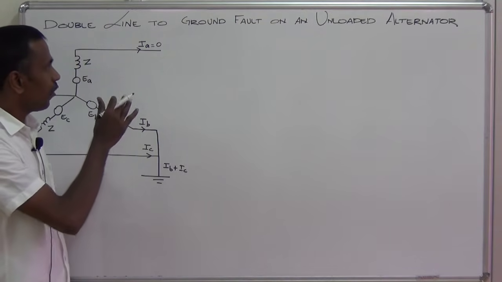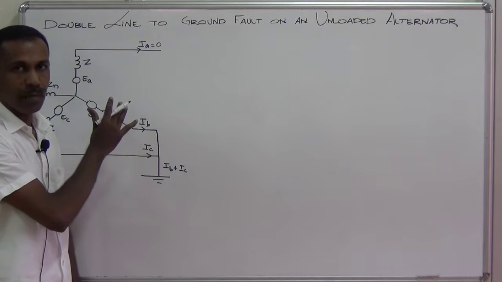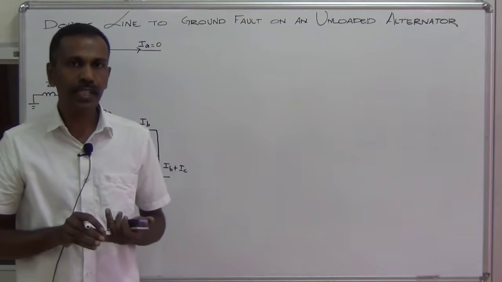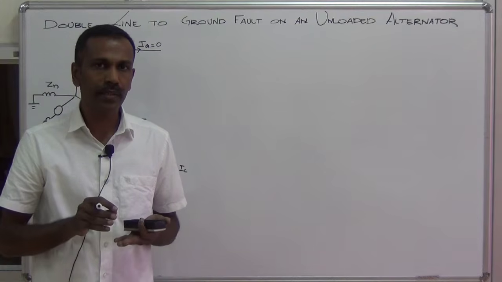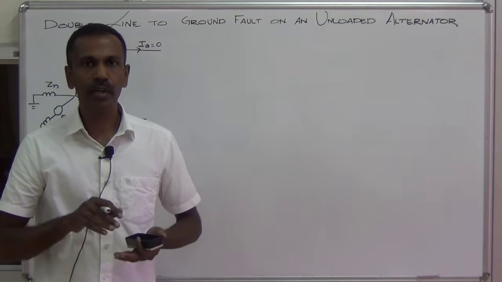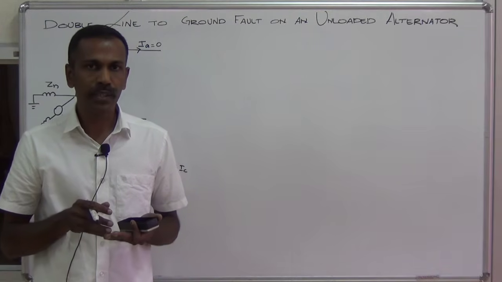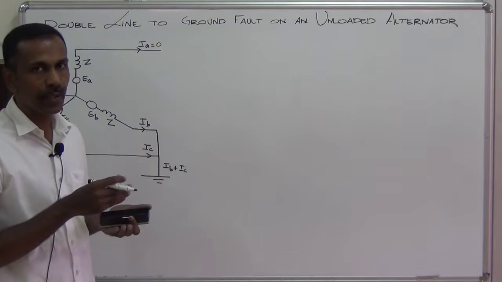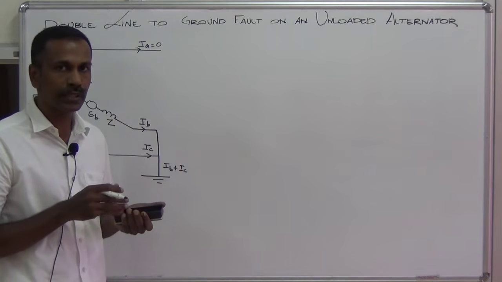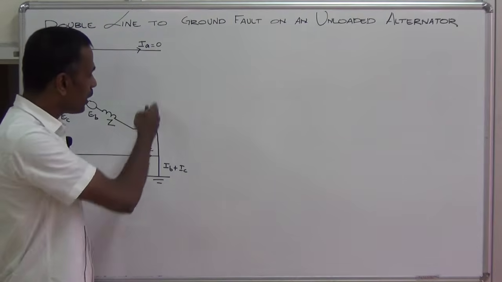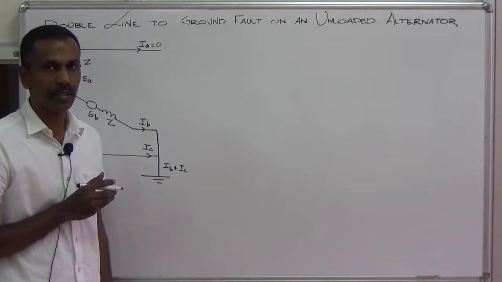Now, when you consider this unbalanced power system, you will get positive sequence network, negative sequence network and zero sequence network. Because for an unbalanced system, along with the positive sequence network, the other sequence networks like negative and zero sequence network will also be added into the system at the point where the system is unbalanced.